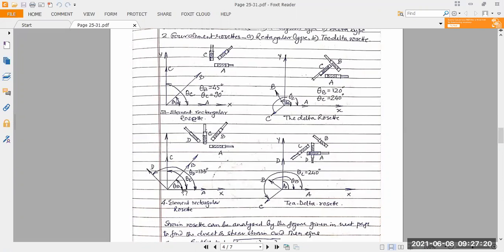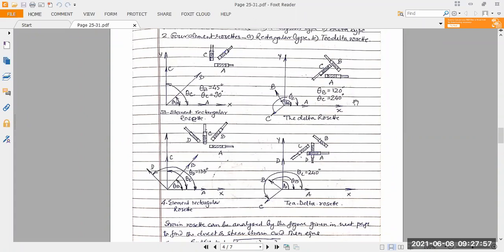Here, theta B is equal to 45 degrees. And the angle from here to here is equal to 90 degrees. And the angle from OA to OD becomes 90 degrees plus 45 degrees, equal to 135 degrees. This is also 45 degrees from here, but from here it is 135 degrees. OC is 90 degrees from OA, OB is 45 degrees from OA, and OA remains along the x-axis. So two gauges are fixed along the x and y axes.